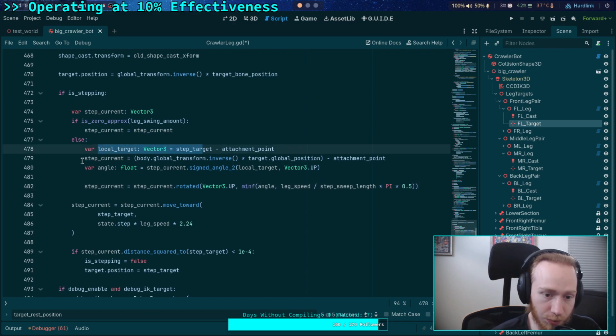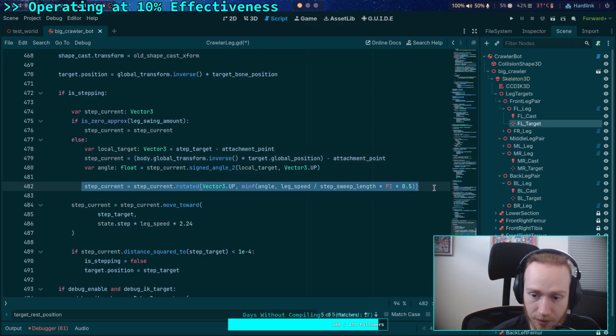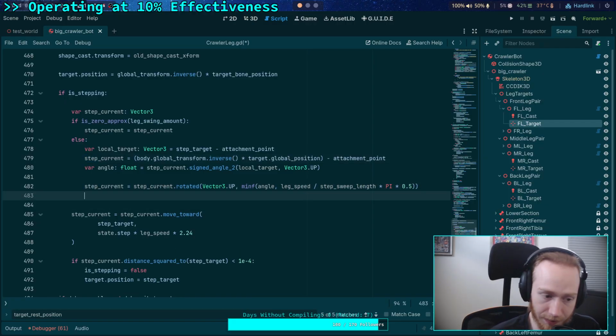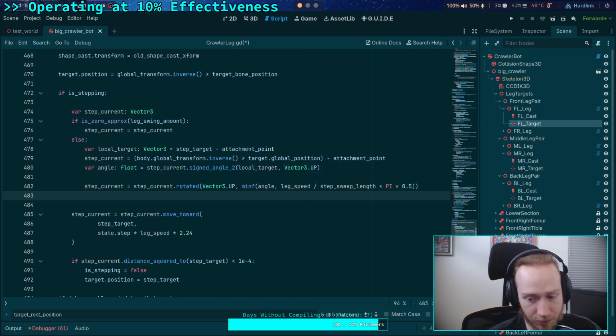Okay, so I have local target, I have the angle, I rotate it, and then I interpolate the length. The length interpolation needs to not worry about the height.